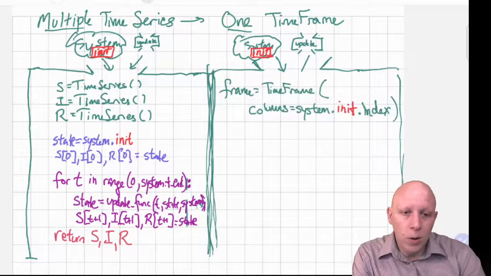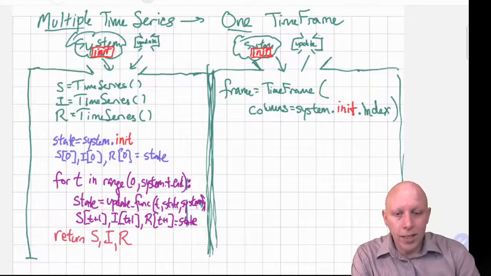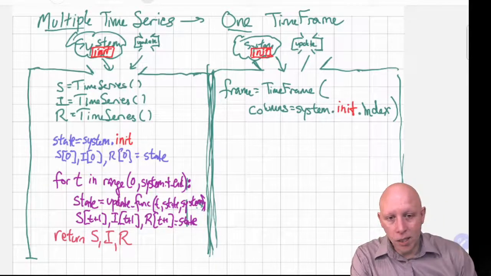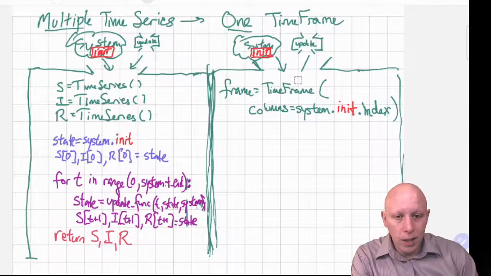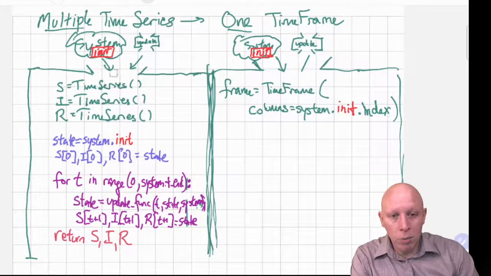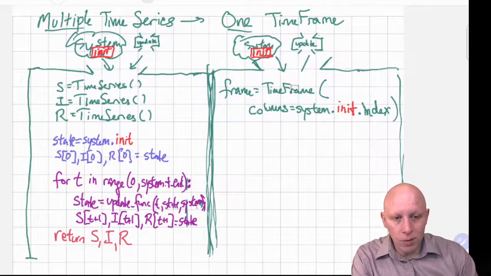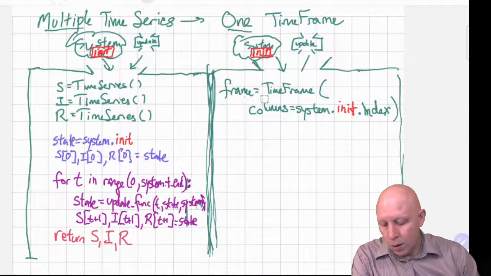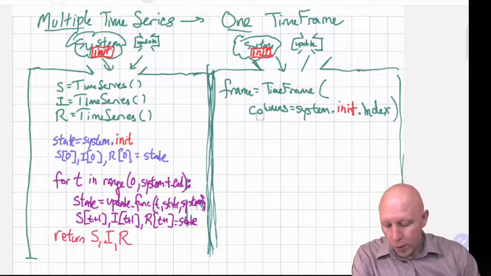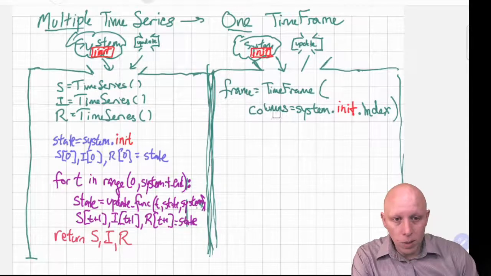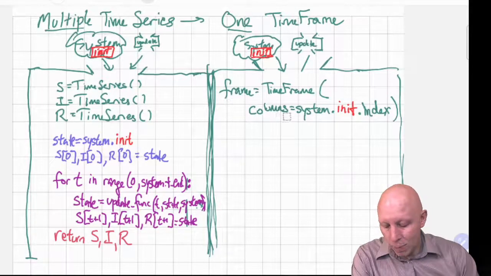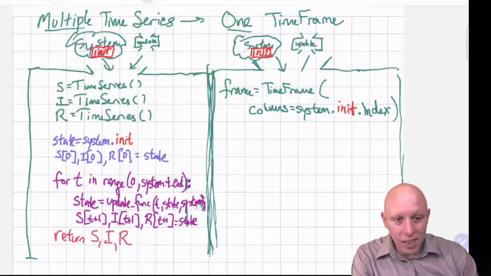Okay, so the first thing we do is, instead of 3 time series objects, we create a time frame object. Remember, a series is a one-dimensional type of data, whereas a frame is a two-dimensional type of data. One thing that we do here is we specify that the columns in this time frame, this two-dimensional array of data, have the same labels as our init had.